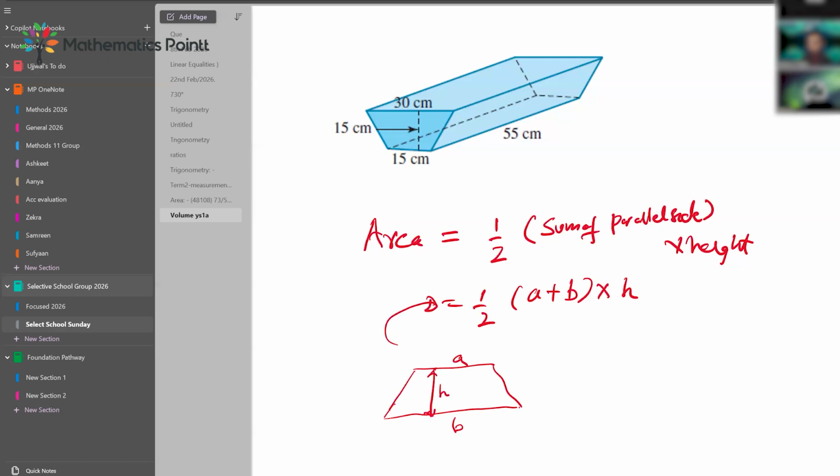So that's the formula. Yes, I now am seeing the right answer. 18562.5 centimeter cube. All right. So that's the area of trapezium.